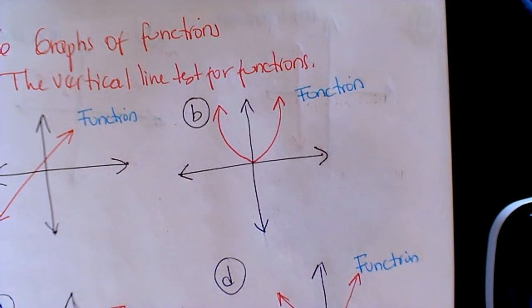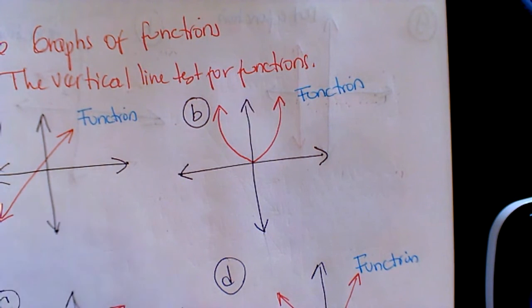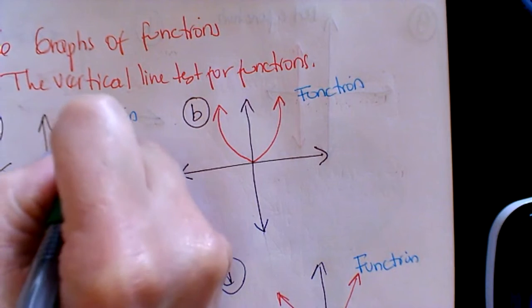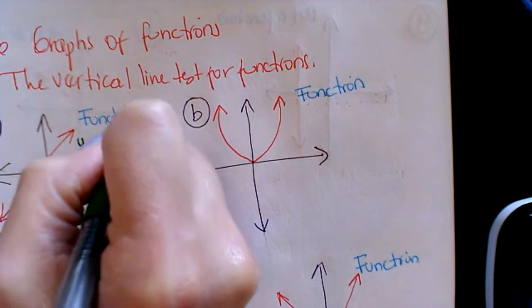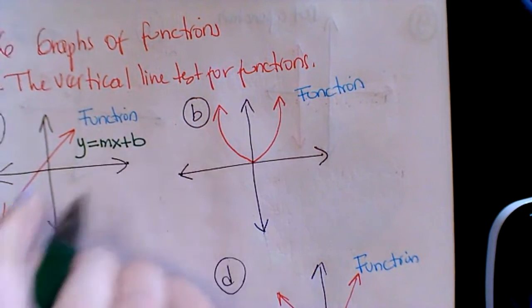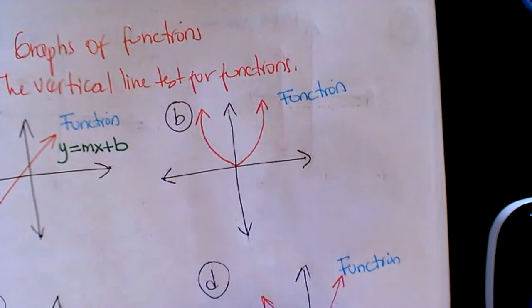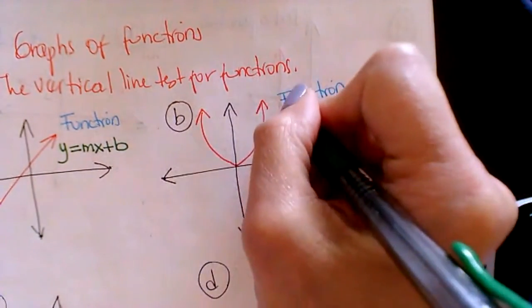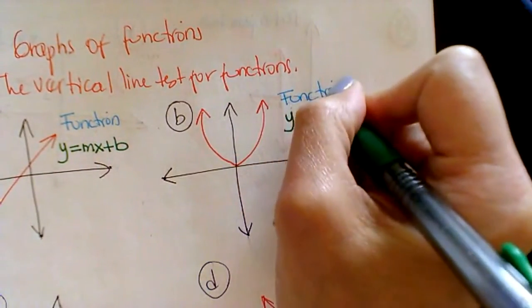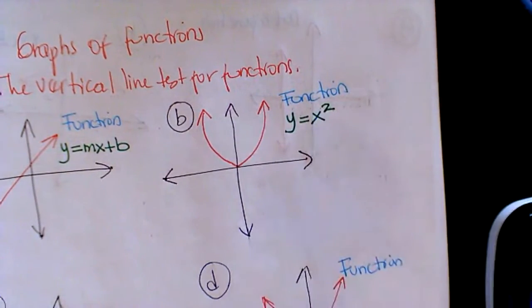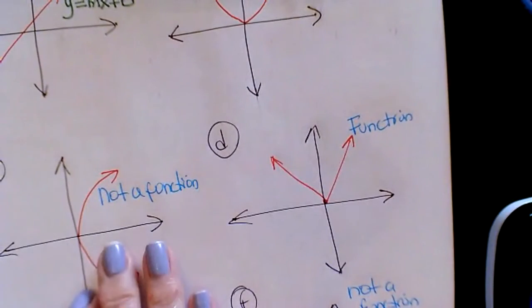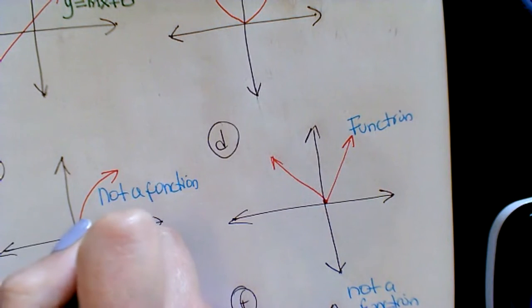The next one is asking us to find the possible relationship, meaning the formula between x and y. So this one is going to be y equals mx plus b. That's the form of a linear equation. All right? Then this one is y equals x squared. This one, we're just going to come up with the formula.